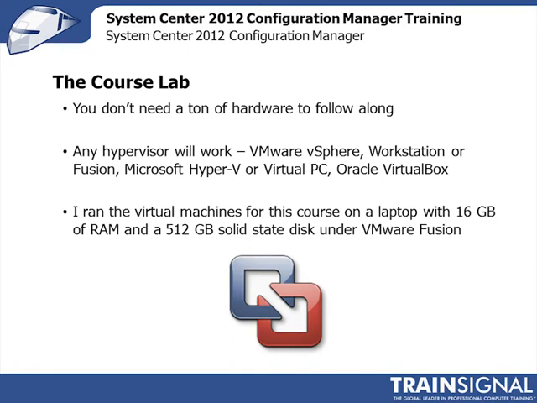Now, I ran all of the virtual machines for this course on a MacBook Pro with 16 gigs of RAM and a 512 gig solid-state disk. Now, you may wonder, wow, it must have been really slow. No, it really wasn't. It actually worked quite well. So you don't need a ton of hardware if you'd like to follow along at home. And again, I highly recommend that you do follow along because it's going to make life a lot easier and you'll get much more out of the course.